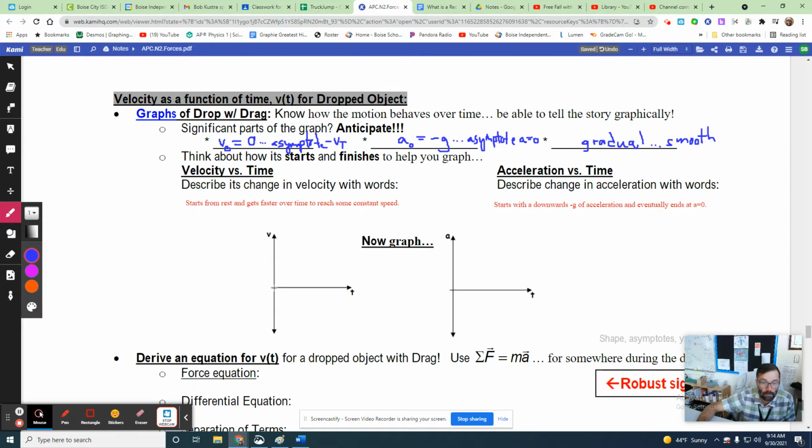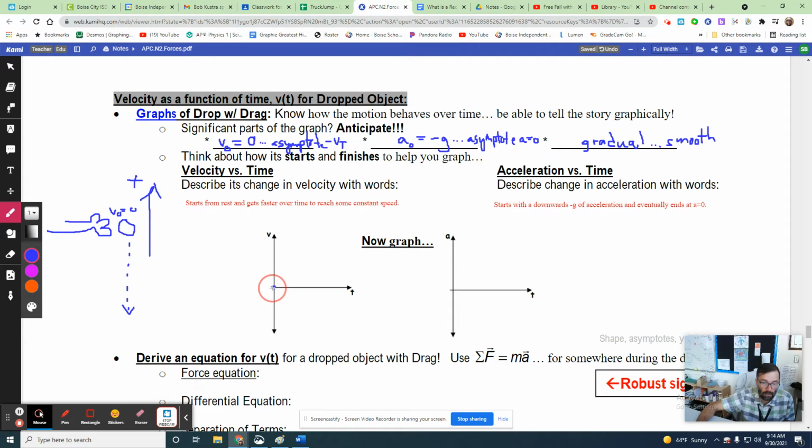So here we are. It's a drop, and by the way, we're going to drop a ball. We're going to say up is the positive direction, and we're going to start with v0 equals 0, and it's going to go down, down, down. Okay, so this is a velocity graph.